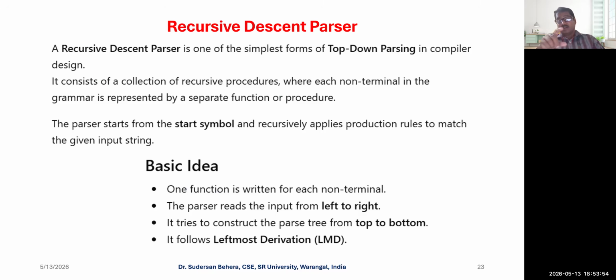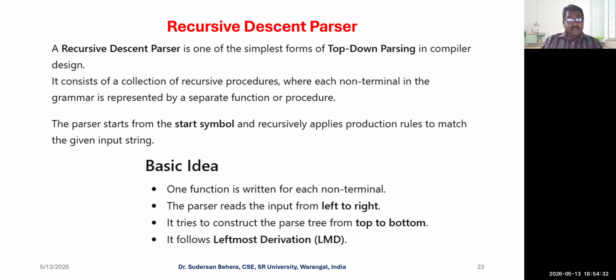This parser starts from the start symbol, definitely, because it is a top-down parser, and recursively, I mean repeatedly, applies production rules. The same function can call itself, and that is called recursive. It applies production rules to match the given input string, or to reach the targeted input string.